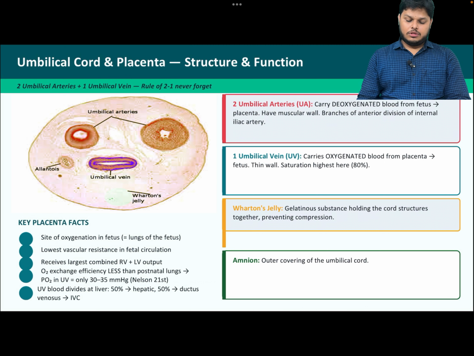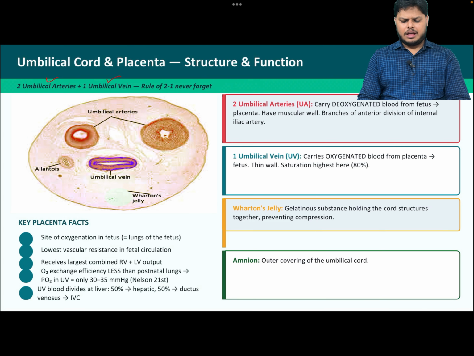Then we come to the umbilical cord and placenta. As we know, there are two umbilical arteries and one umbilical vein. This slide is very meticulously prepared from various pediatric books, including Nelson and Park, and then converted to PowerPoint for your effective understanding.